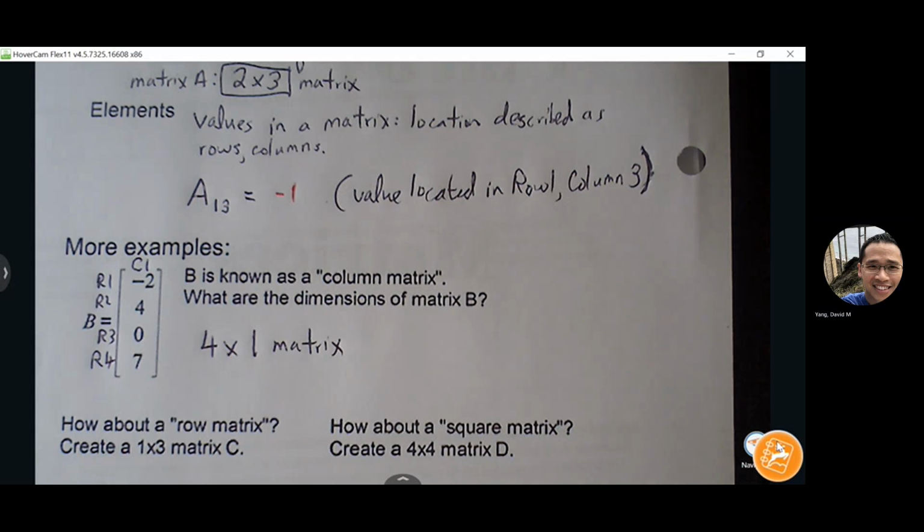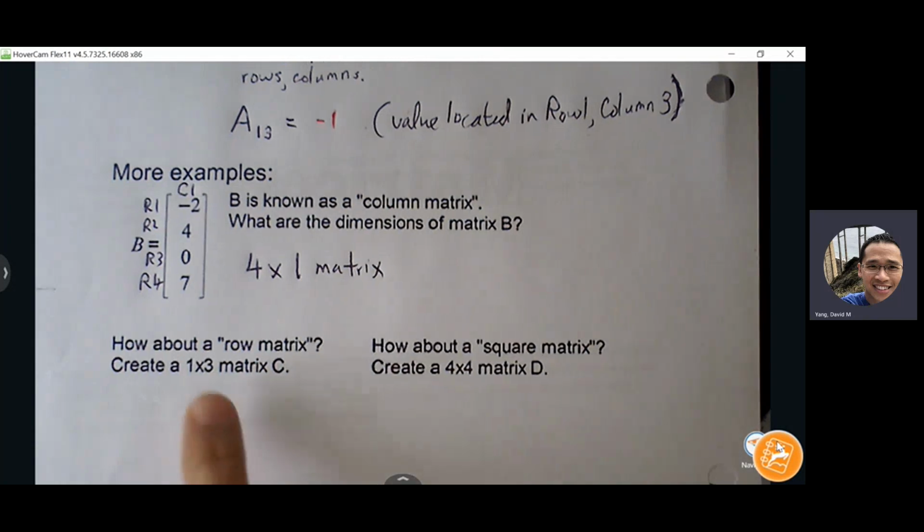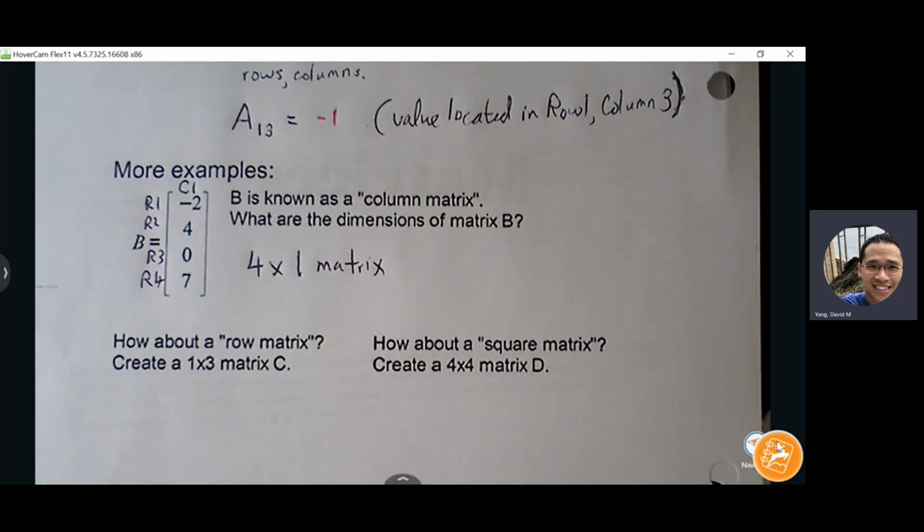Okay. So what do you think a row matrix is? Matrix with only 1 row. Okay. So see if you can create a 1 by 3 matrix. You can fill it in with any number you want. Let's see if you can create that, and we can compare to see if we agree.